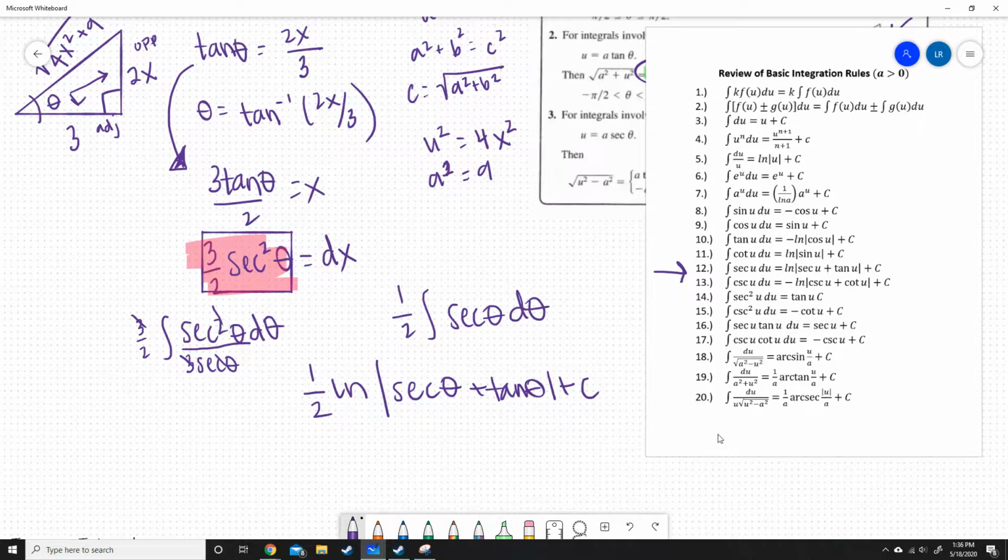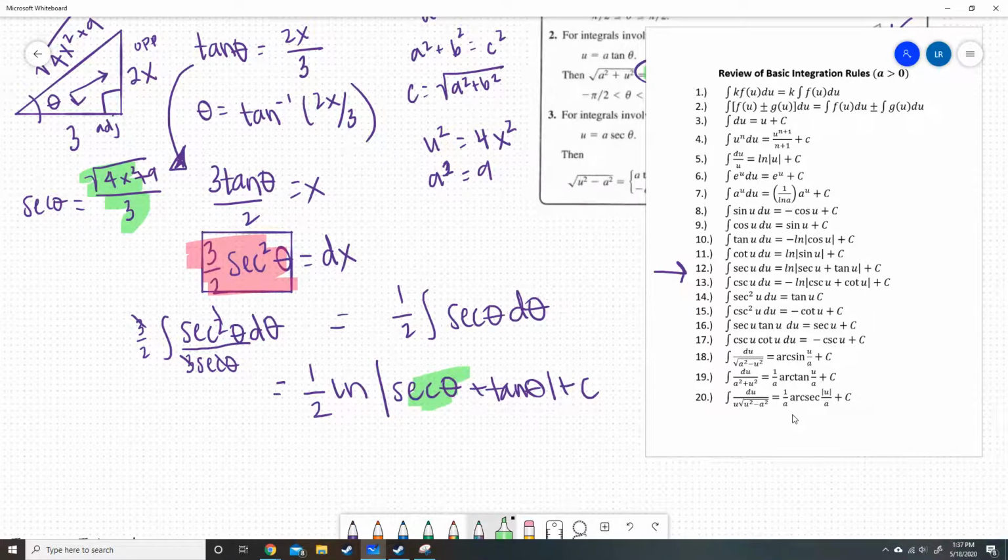Now, we only have one more step. We want our final answer to be in terms of x, because we started in terms of x. We don't want to change its identity, right? So we want to figure out what secant of theta is. Secant of theta is the hypotenuse over the adjacent, so I can replace secant of theta with this.